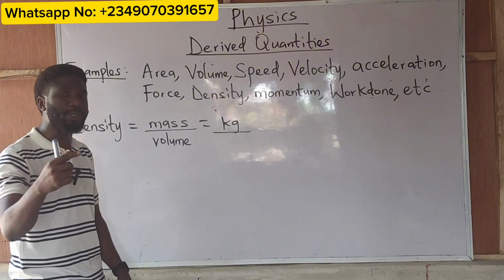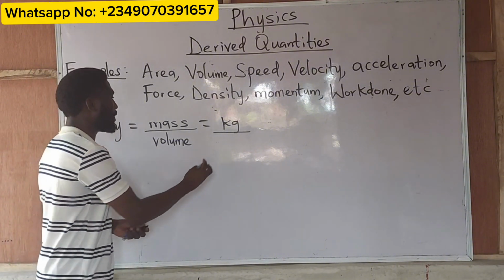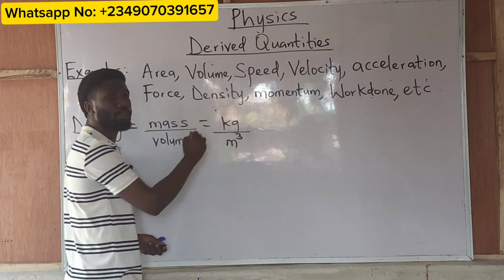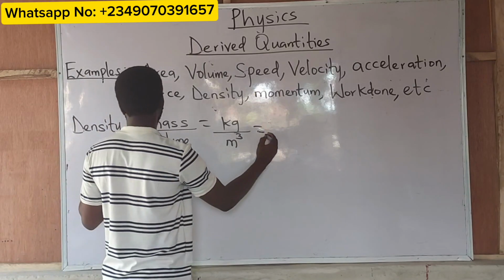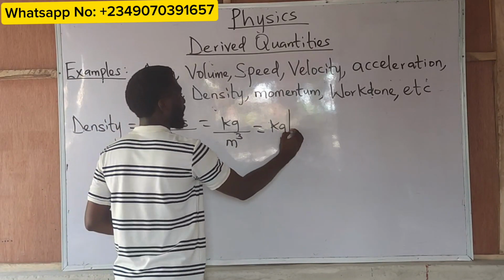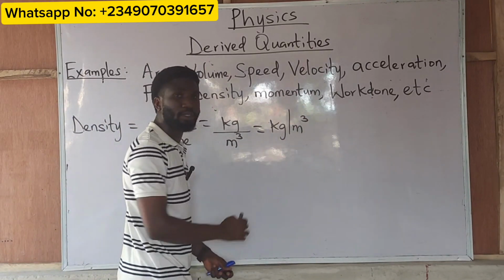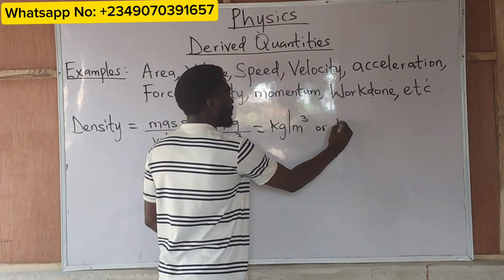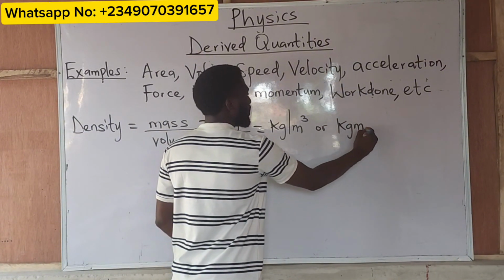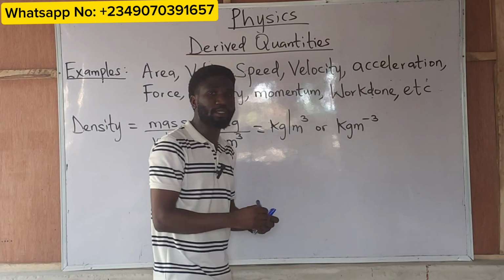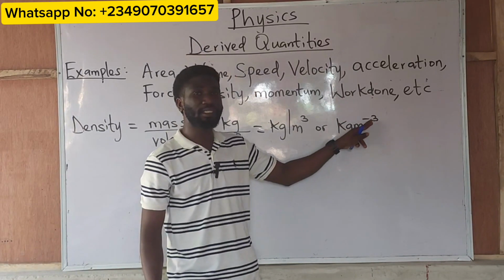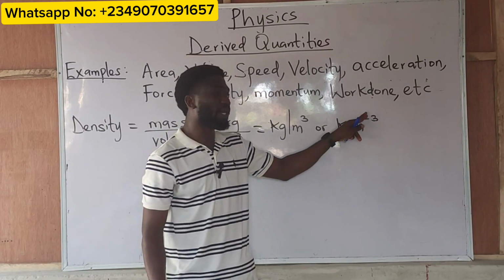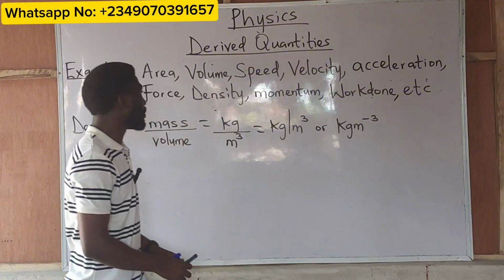So the unit of density is kilogram per meter cube. Like I said, this can be written this way: kg m raised to power minus 3. Kilogram per meter cube. All right.